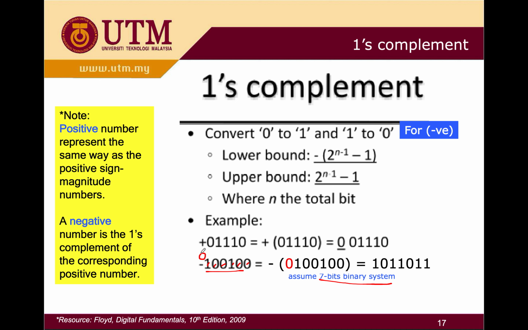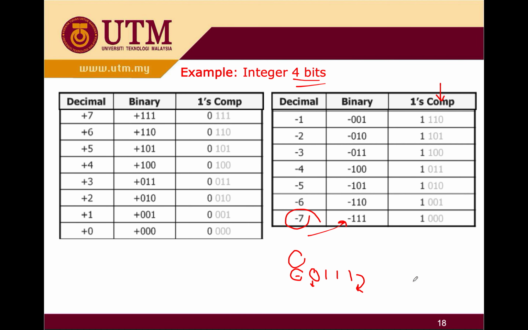So there is another 10 in front to complete it as the 7-bit binary system, and this is a negative number. So after that, for negative, you're going to apply this. That's why you will get 10. Same goes here.